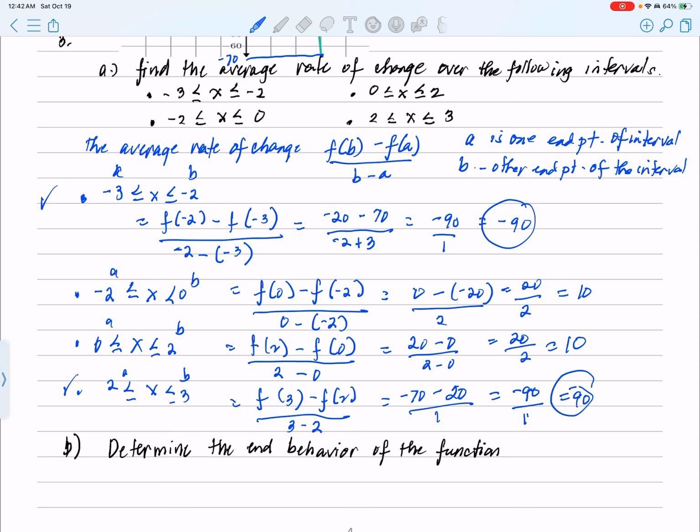Same as the intervals of negative 2 to 0 and 0 to 2. They are also the same interval. So in other words, the intervals around the point of inflection are much slower than the others.